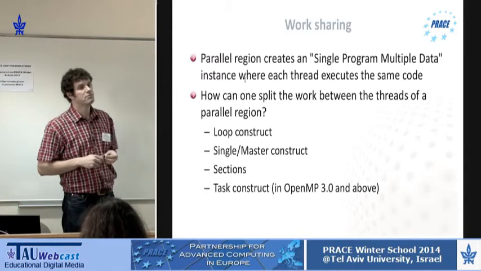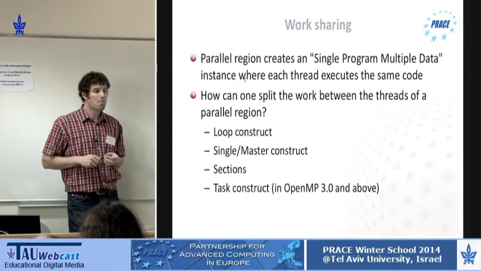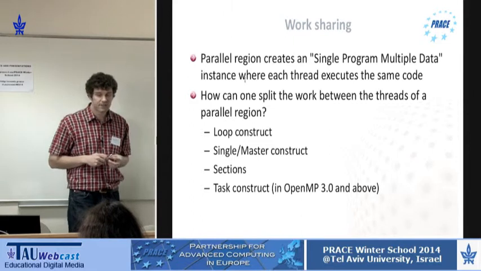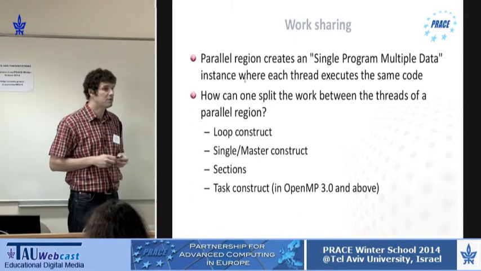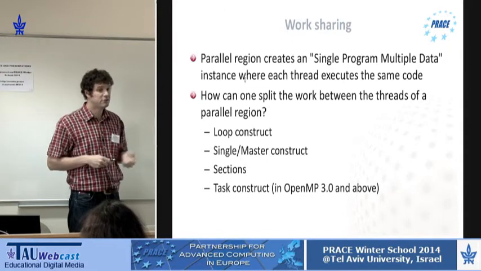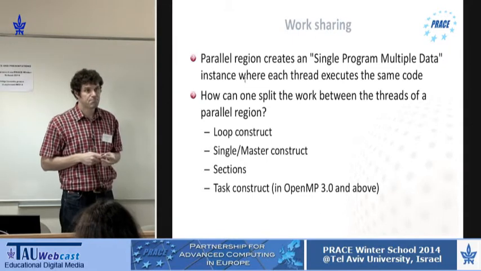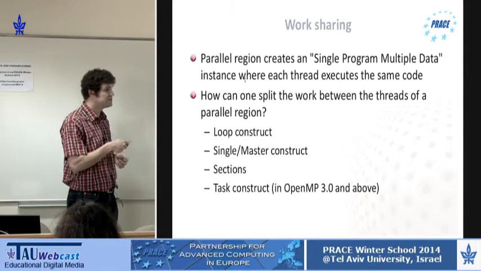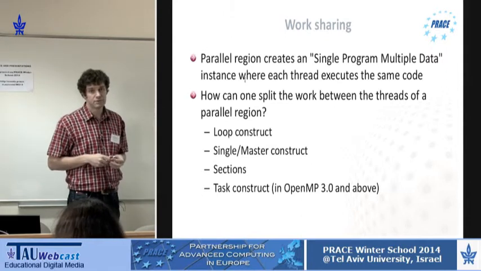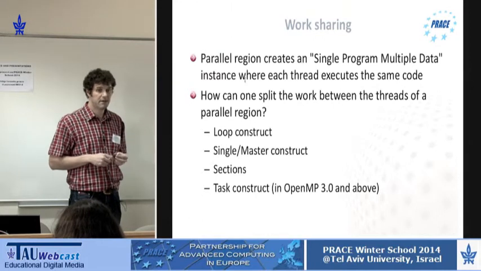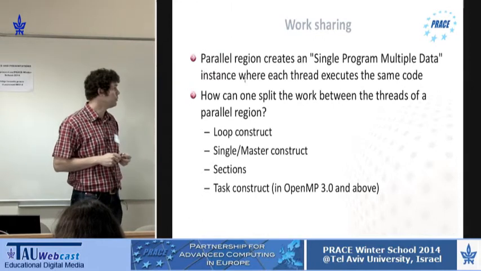One can actually do this kind of manually, assign work to different threads based on thread ID. But OpenMP provides ready-to-use directives for some common use cases. Probably the most often used construct is when we have some for or do loops, and we want different threads to execute different parts of the loop.